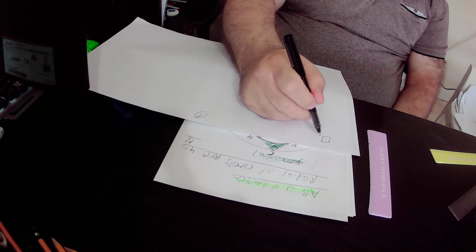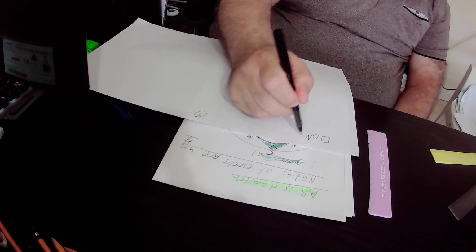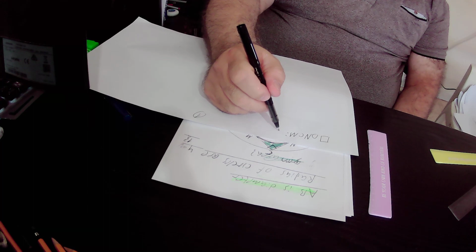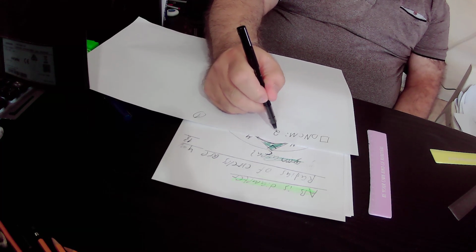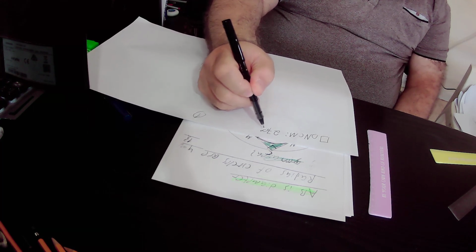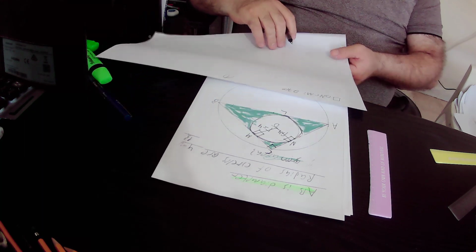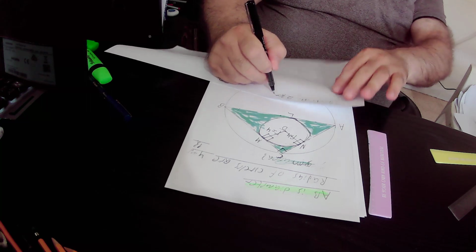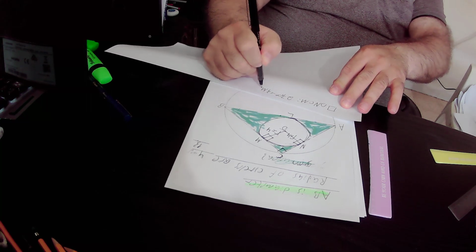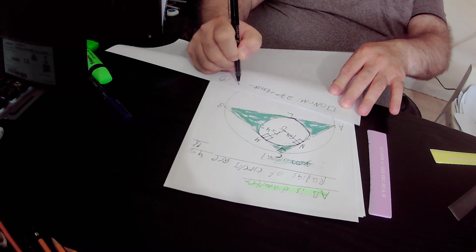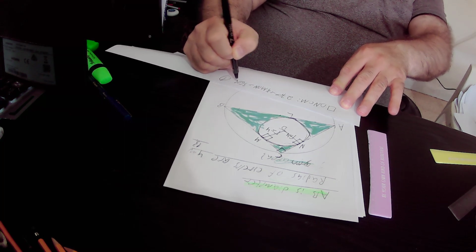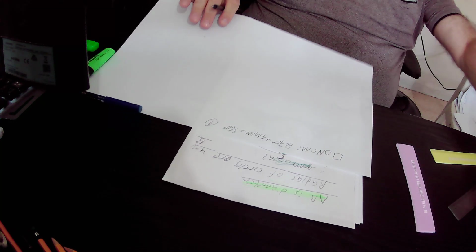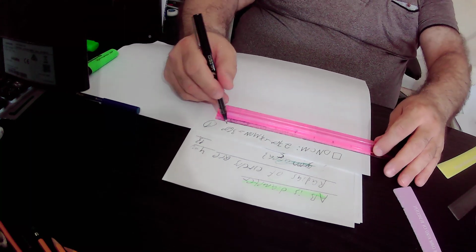In quadrilateral ONCM, we have 3 right angles, and the sum of 3 right angles is 90 times 3, which is 270 degrees, plus the size of the fourth angle, that is actually angle MON. In total, the sum of those 4 angles must be equal to 360 degrees, according to the rule that the sum of the angles in any quadrilateral is equal to 360 degrees. Okay?